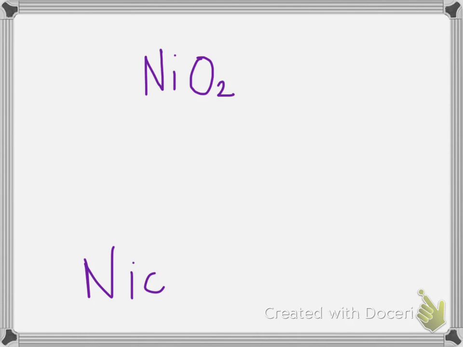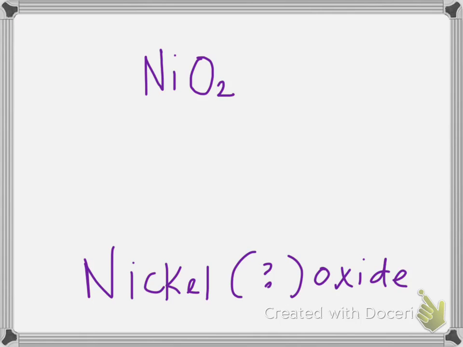Let's do NiO2. Ni is nickel. And I sometimes will do this: I'll write nickel something oxide, because that gets the first piece out of the way.